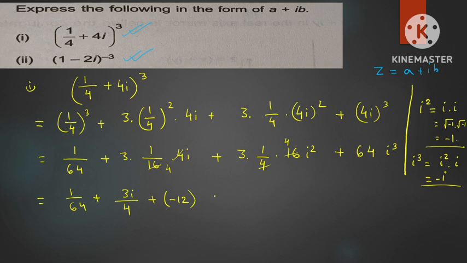And i cube equals minus i, so it will be converted to minus 64i. So let's calculate. First write the constant, or the real part: 1 by 64 minus 12, plus 3i by 4 minus 64i.